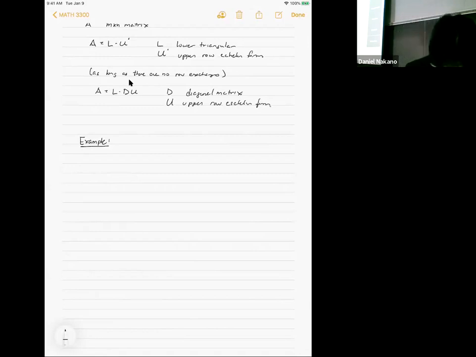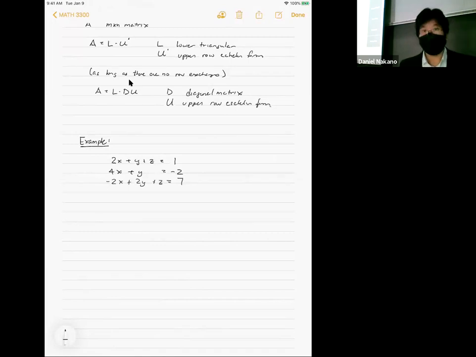Let's start with 2x plus y plus z equals 1, 4x plus y equals minus 2, and minus 2x plus 2y plus z equals 7. This is a 3x3 system of equations.